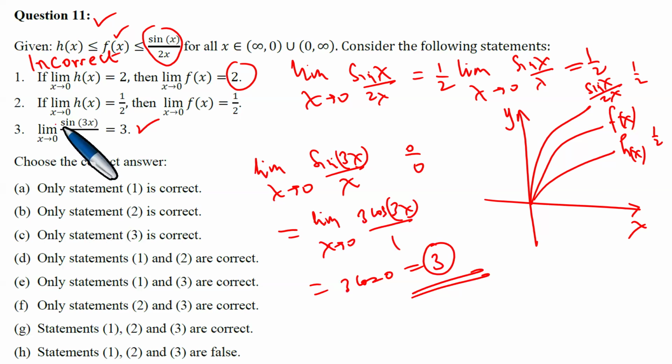But also, if this limit of h is 1/2, because this limit is 1/2, it would imply that the limit of f is also 1/2. And therefore, the correct option would have to be both of these.